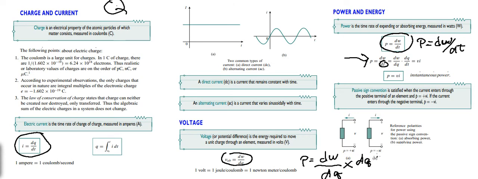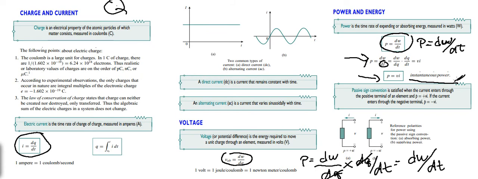As you can see, the dQ cancels out, and we have dW over dt. Now, power is simply equal to voltage multiplied by current, and this is what they call instantaneous power.